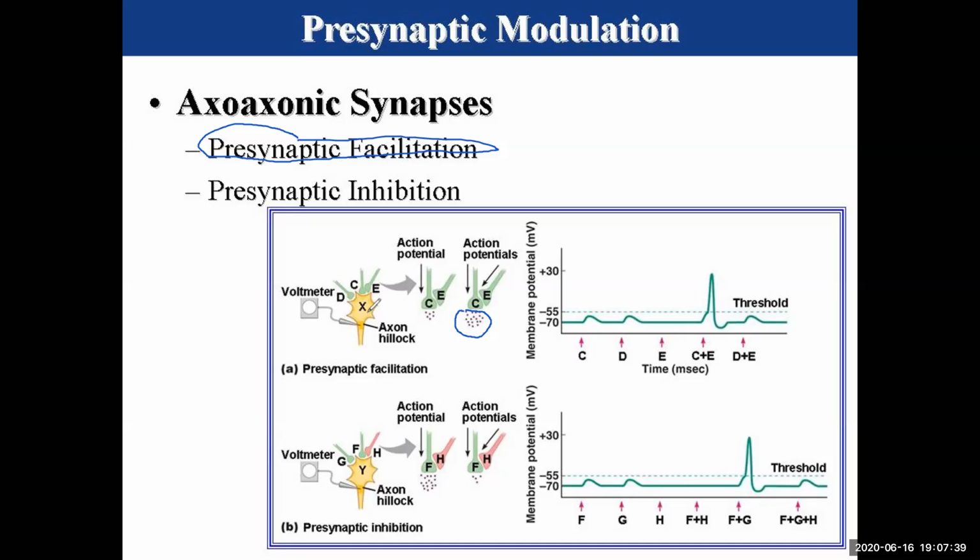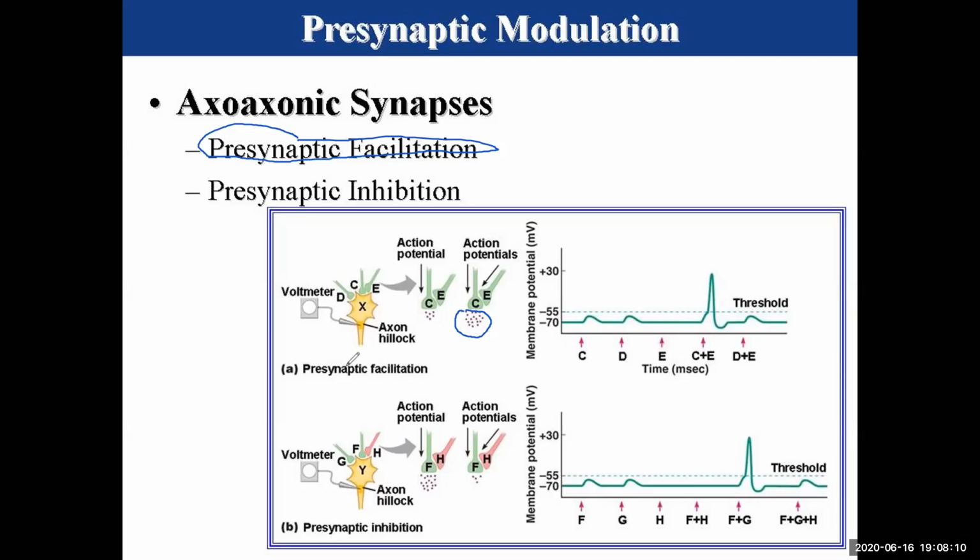So on the cell membrane of the postsynaptic neuron X, you can generate more EPSPs if the neurotransmitter is excitatory, right? So more ATP release, more EPSP produced. More glutamate release, more EPSP produced. More ACh release, more EPSP produced. More serotonin release, more EPSP produced.